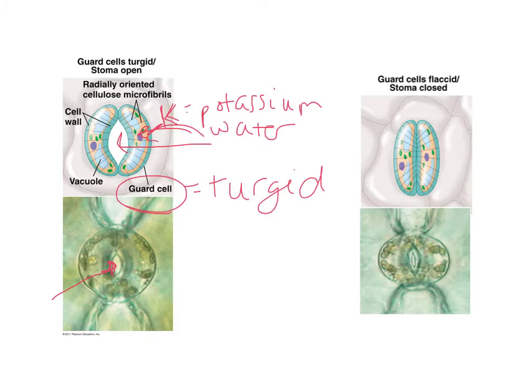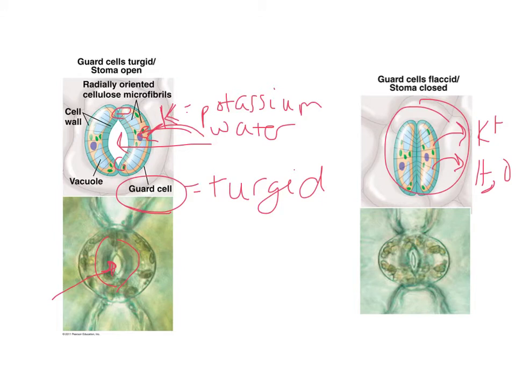When a plant cell becomes full of water, it becomes very turgid, like a big swollen balloon. And these guard cells are shaped with this kind of kidney bean shape. So as they become turgid and swollen, they push against one another here, and it opens up a space. It opens up the stomata. When there's not enough water available, potassium will leave the cell, and so water will follow that potassium.